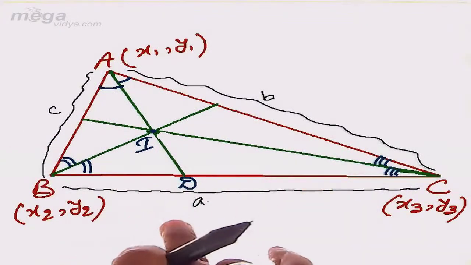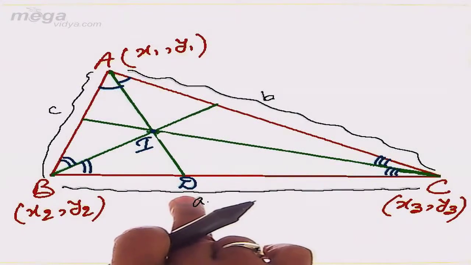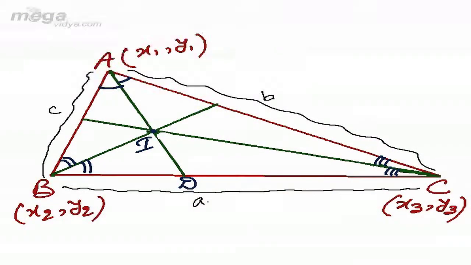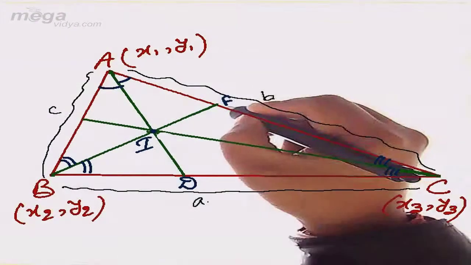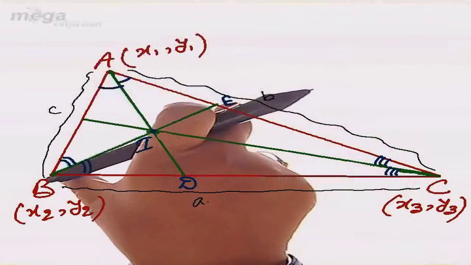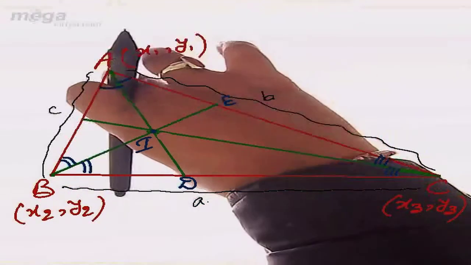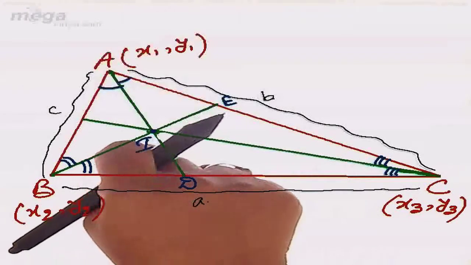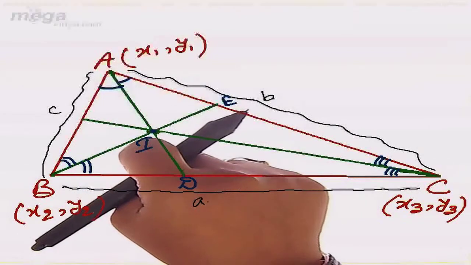So we will find the coordinate of D. In the same way we will find the coordinate of E. Once you get the coordinates of D and E, you can find the equation of BE and the equation of AD, and after solving those two equations you will get the coordinate of the incenter.